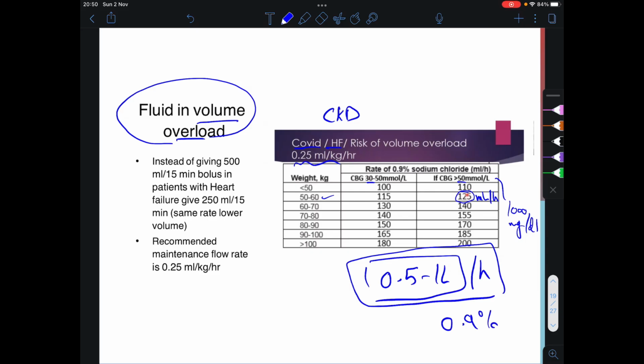But in these patients, you actually give only 125 milliliters per hour, because you express more caution and you don't want them going into a complication. So there is a different strategy of calculating the fluids for people with volume overload.